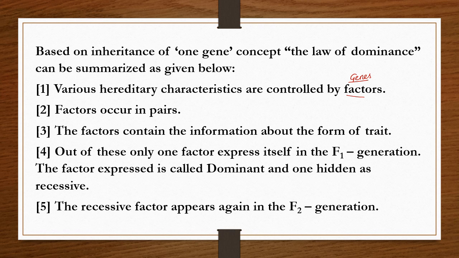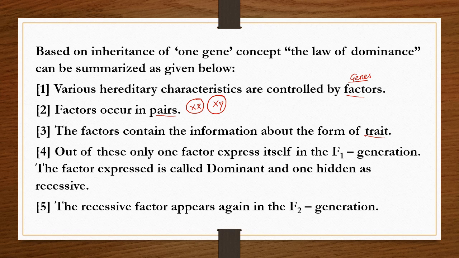These factors or genes occur in pairs. Suppose for a female, the genes are expressed as XX, or for a male as XY. It is always a pair. So factors or genes occur in pairs. Next, the factors contain the information about the form of the character. A trait is nothing but a character.